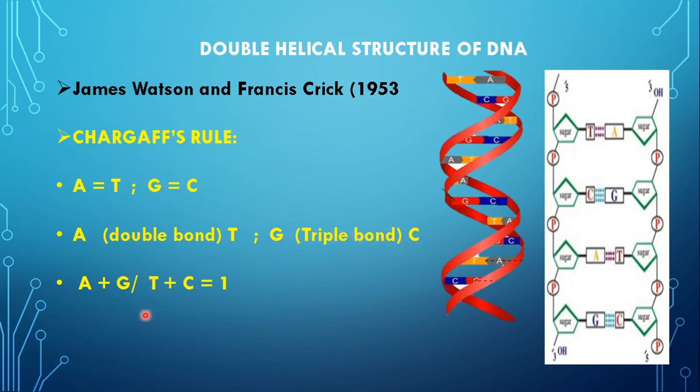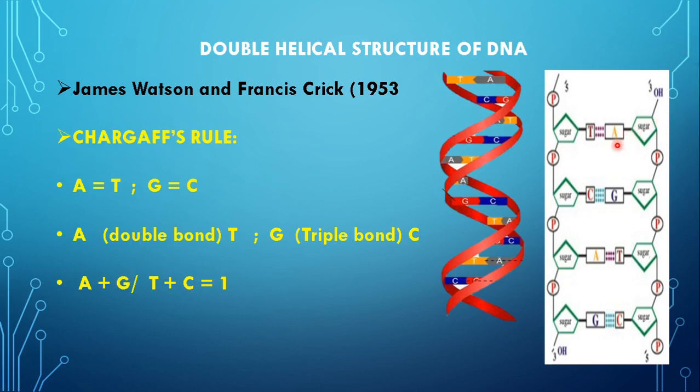The third point which Chargaff stated is that the ratio of the total amount of adenine and guanine added together to thymine and cytosine added together is always equal. That is, he gave it as the unit value. So these were the points stated by Chargaff.